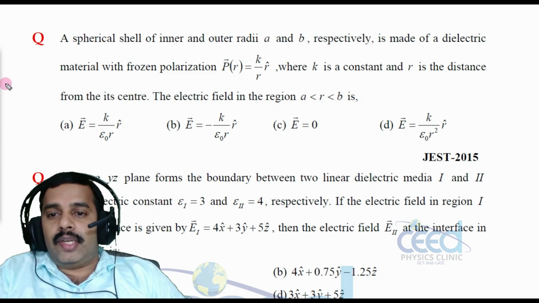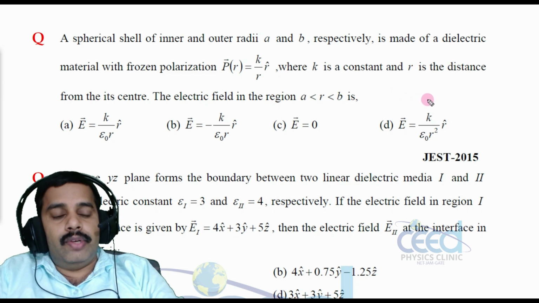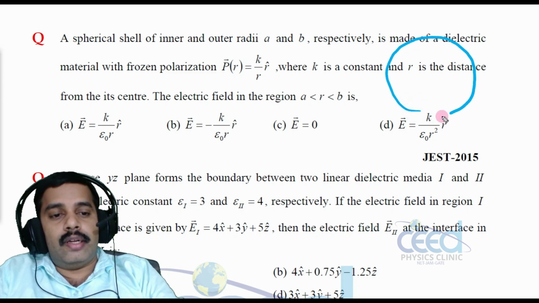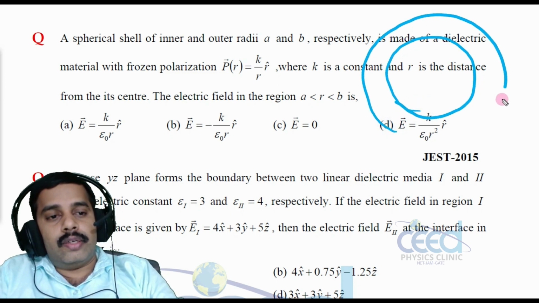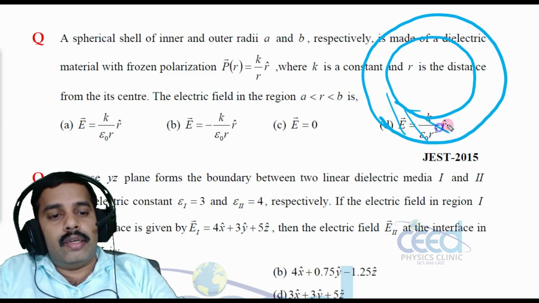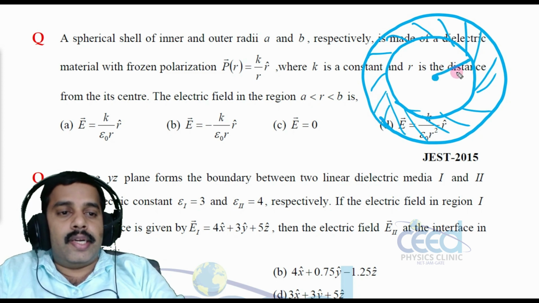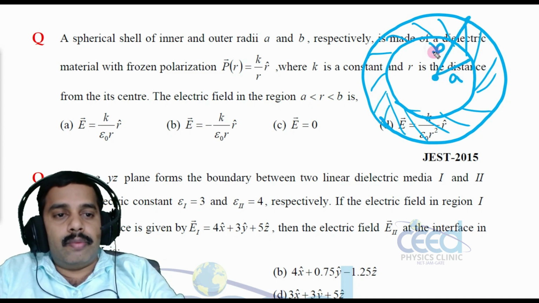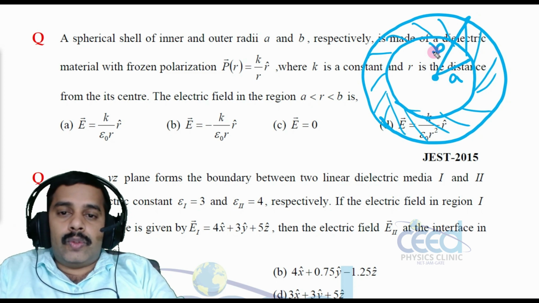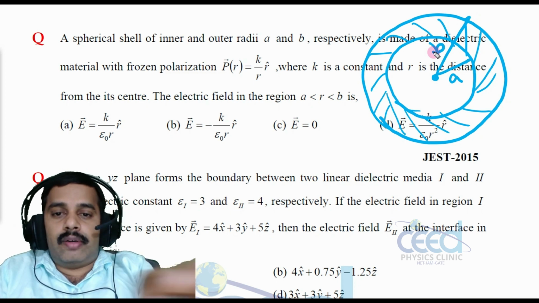So we have a spherical shell, right? Let me draw the spherical shell, and its inner radius is a and outer radius is b, right? So the polarization is given.